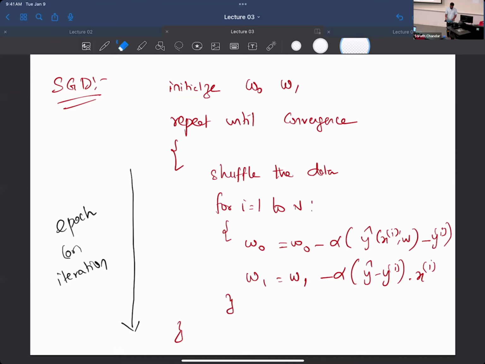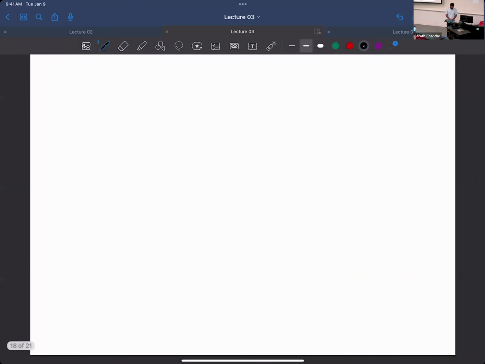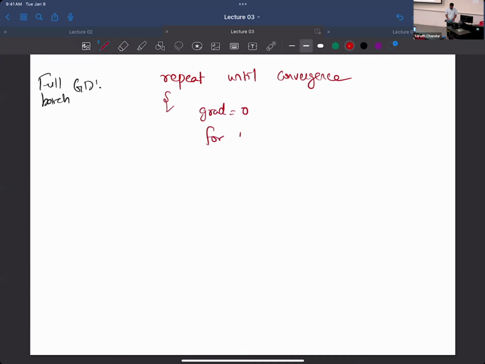So if I have to compare SGD and full batch gradient descent head to head, the full batch gradient descent works like this. It's basically repeat until convergence. Okay. I'm going to initialize my gradient to be 0. For i equal to 1 to n, grad plus equal to dou loss i by dou w.